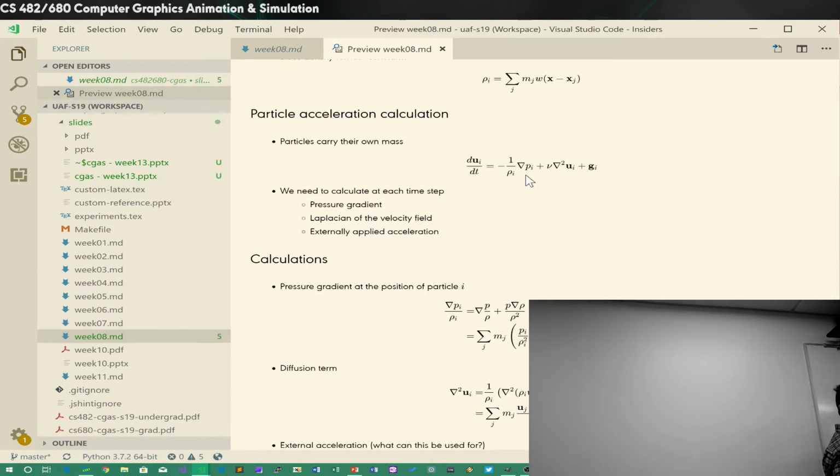We're doing the gradient, so we call this the pressure gradient. And what do we call this one? This is the kinematic viscosity. So this is not really the viscosity term, but diffusion. When we think of diffusion, what do we think that means?